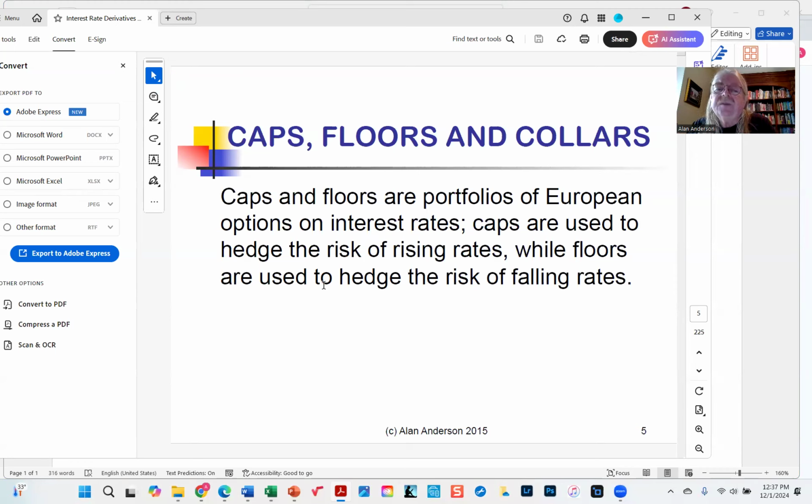I might buy a cap, which consists of what are called caplets that mature every 3 months for the next year. Okay, so in other words, I've got coverage for every 3 months for the next year. On each date, I either exercise or not, depending on whether rates have gone up or not. And so these are structured typically that their payoffs occur every 3 or 6 months or maybe a year.